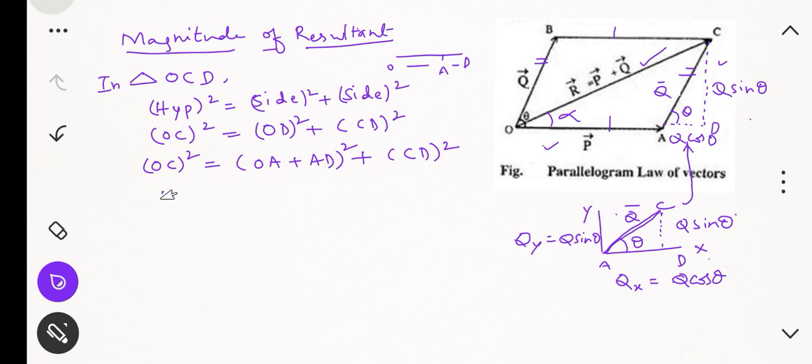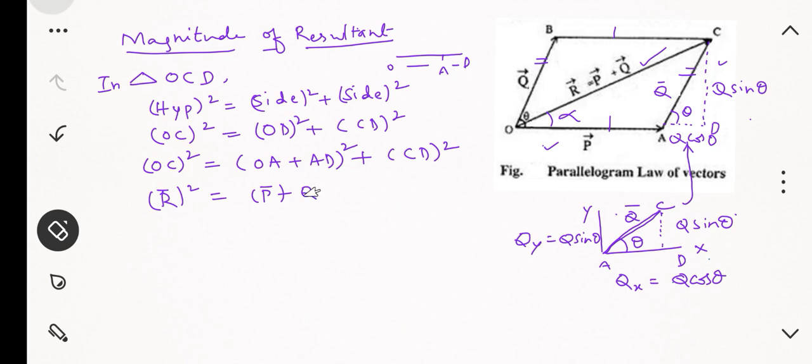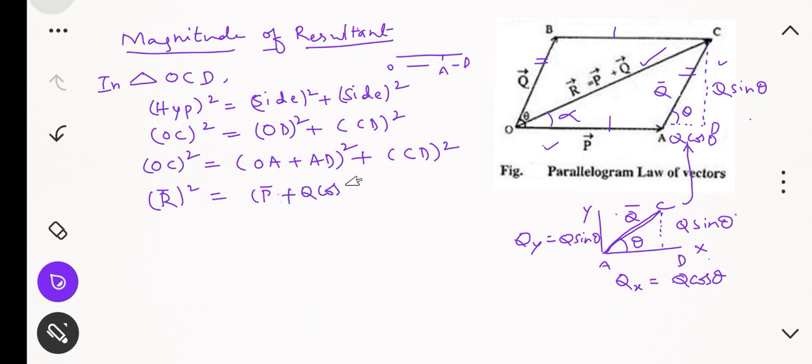OC is R bar, so R bar whole square is equal to OA, which is P bar, plus AD, which is Q cos theta: P bar plus Q cos theta whole square.